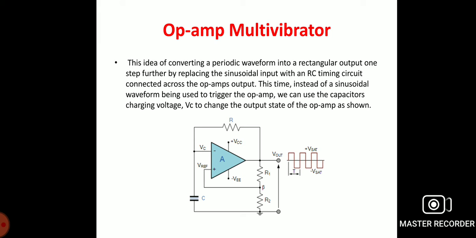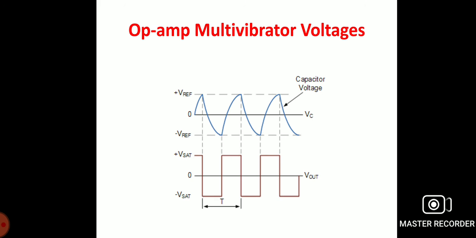Now we can see the operational amplifier multivibrator voltage. Here the operational amplifier inverting terminal reaches the new negative reference voltage at the non-inverting terminal.